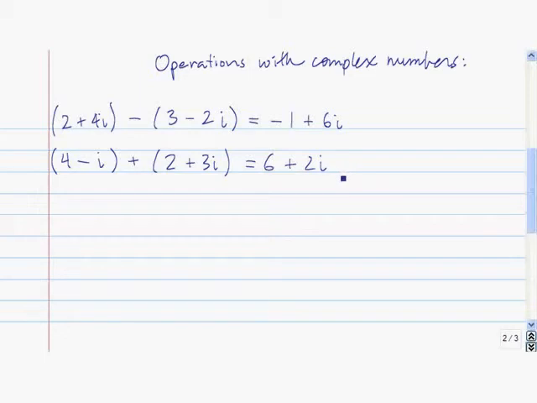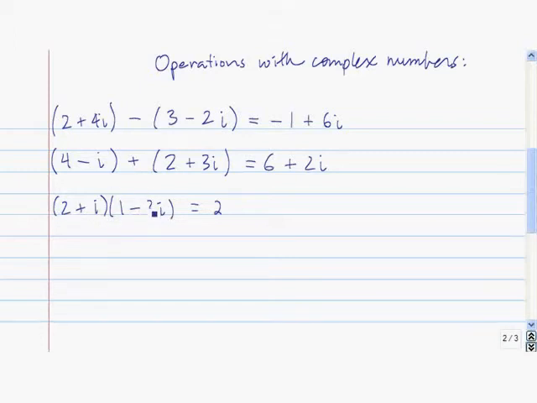The way we multiply two complex numbers is simply by FOILing. So 2 plus i times the complex number 1 minus 3i is equal to 2 times 1, which is 2, plus 2 times -3i.